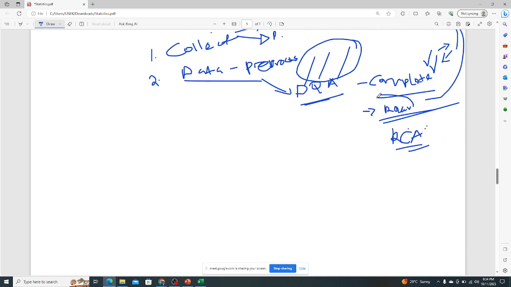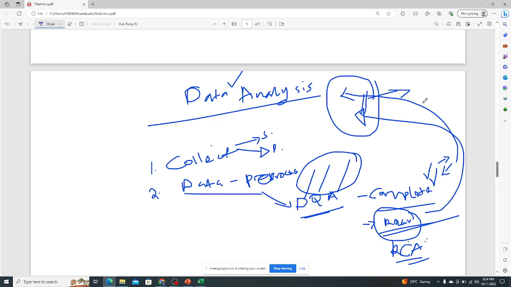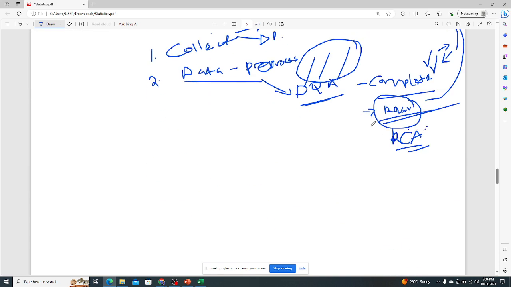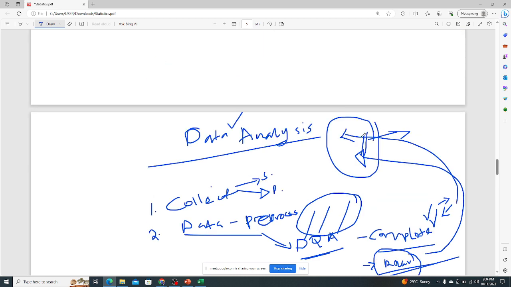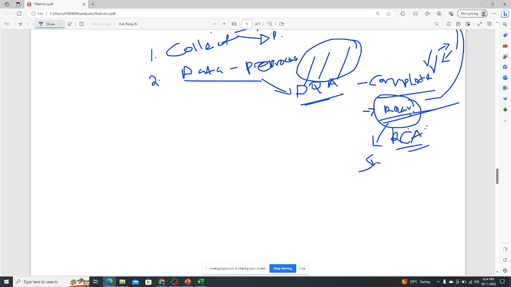So you will need data which is relevant to your objective. You cannot use stocks data here to analyze customer churn. So there must be relevance.